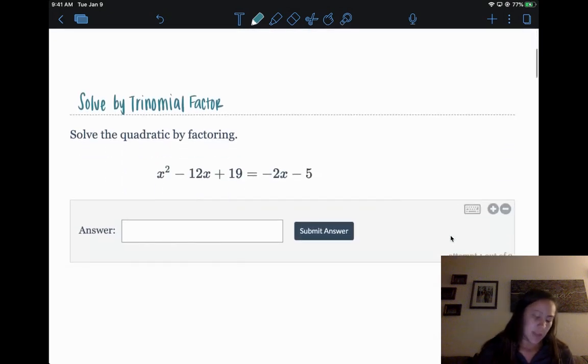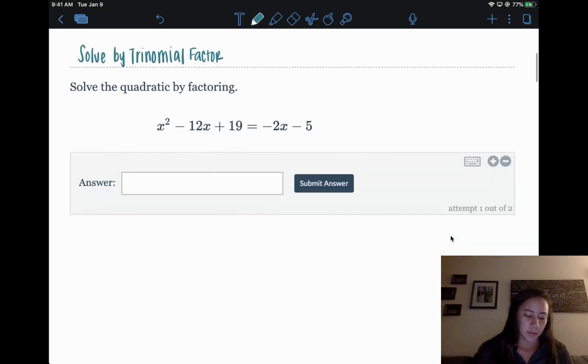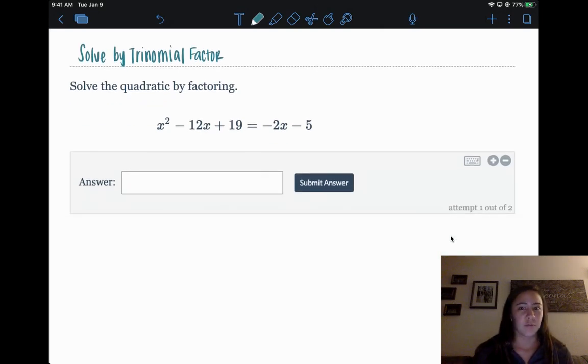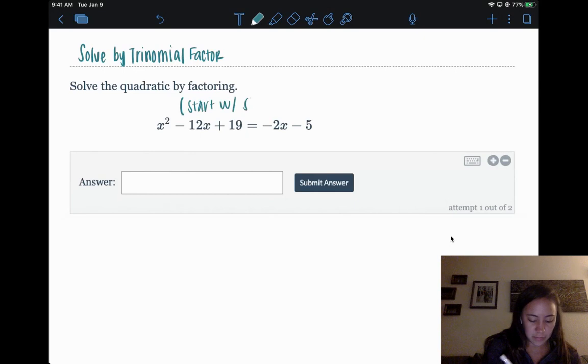All right, solving this trinomial by factoring. In order to factor, we need to first write it in standard form. So start with standard form.